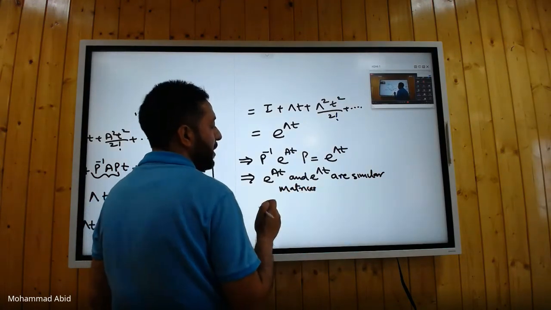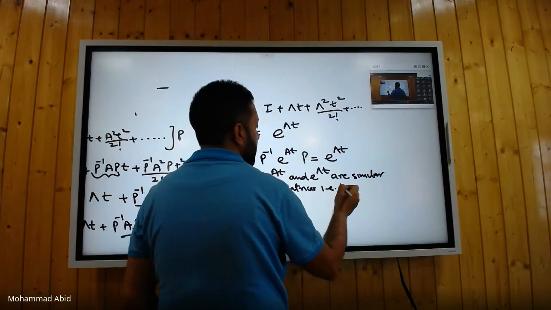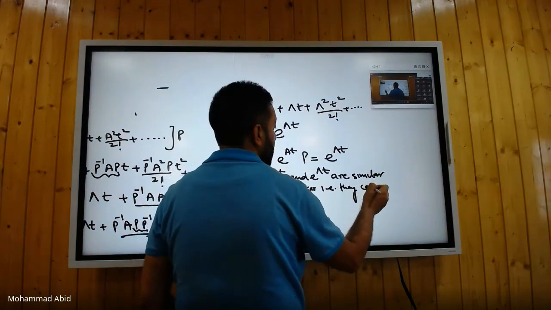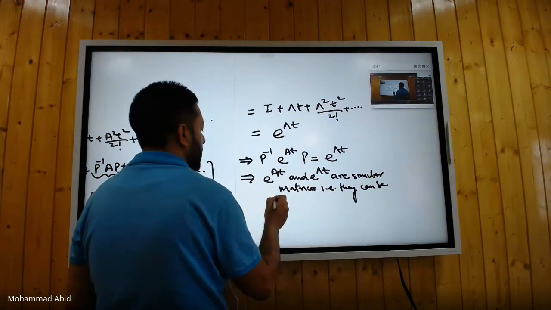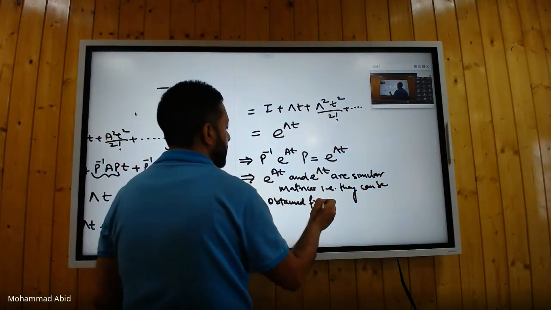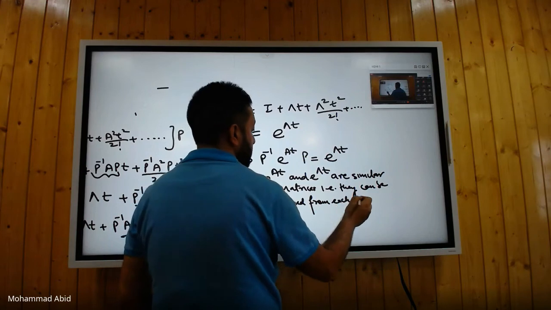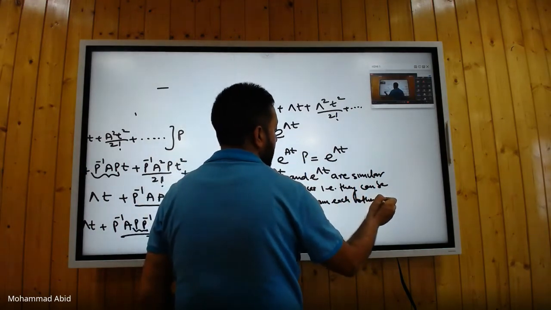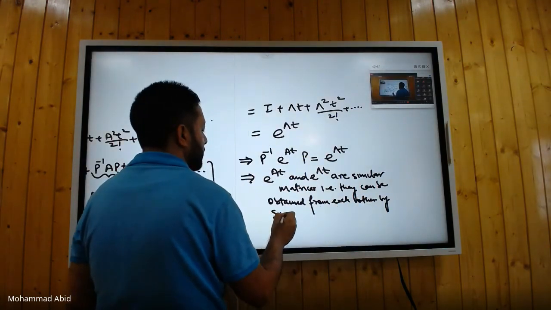What do you mean by similar matrices? That is, they can be obtained from each other by similarity transformation.